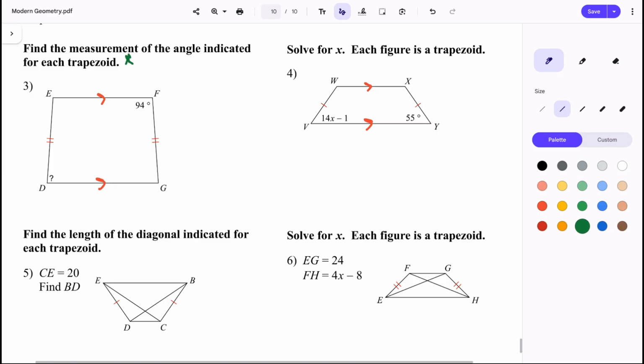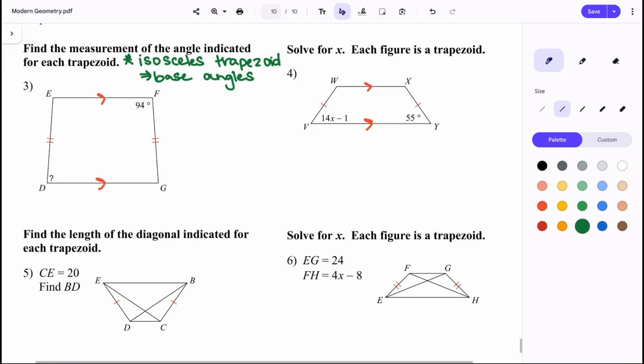So one of the properties I want to focus on with an isosceles trapezoid is that they have base angles, just like an isosceles triangle had base angles. Do you guys remember how you would find the base angles? They should be directly across from those sides.